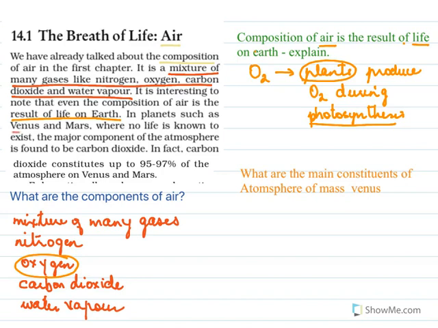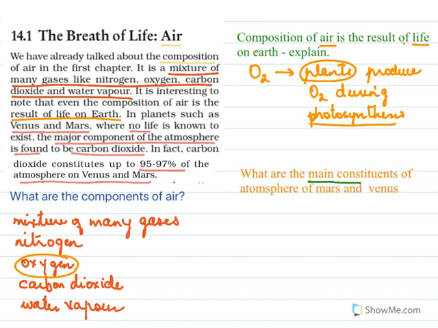In planets such as Venus and Mars, no life is known to exist. The major component of the atmosphere is found to be carbon dioxide. In fact, carbon dioxide constitutes about 95 to 97% of the atmosphere on Venus and Mars. So here's a question, what is the main constituent of the atmosphere of Mars and Venus?